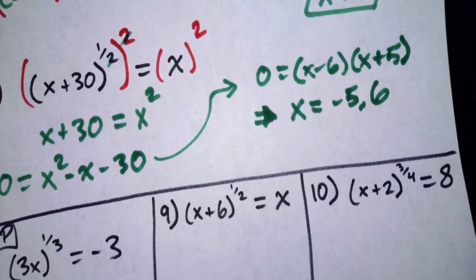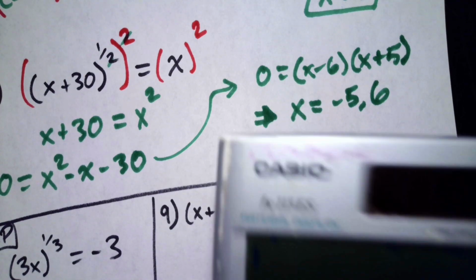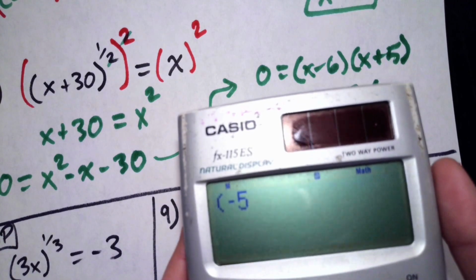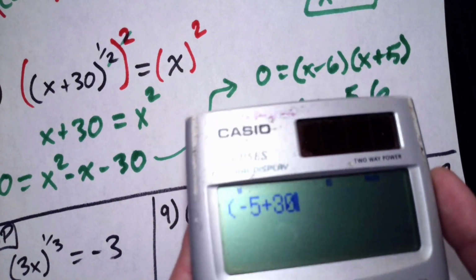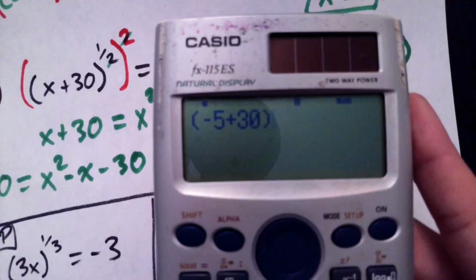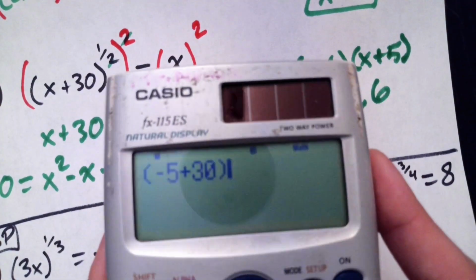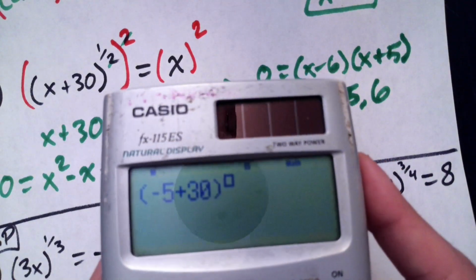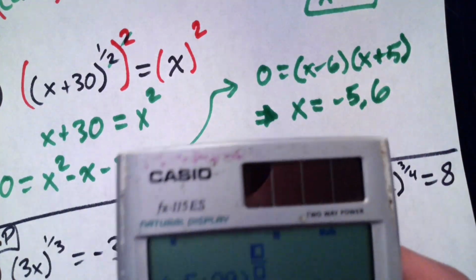Let's verify them. So let's try out -5 first. We'll do -5 plus 30, and then that to the power of 1/2.